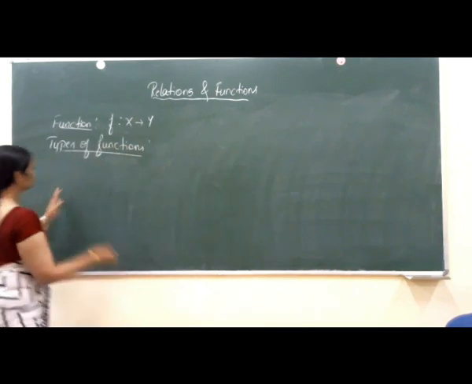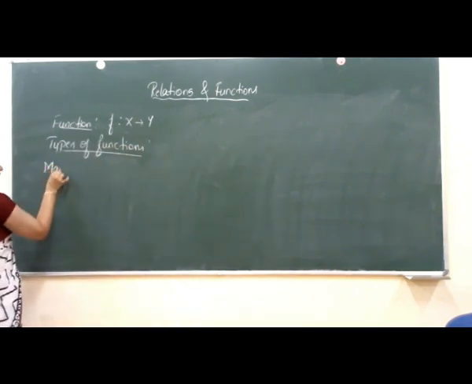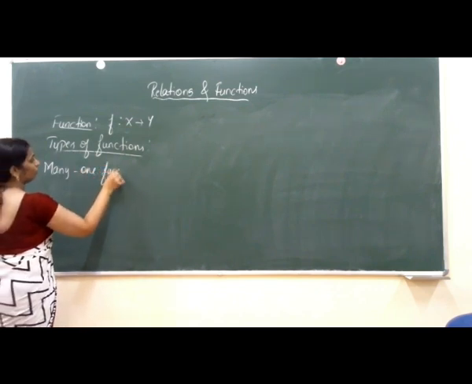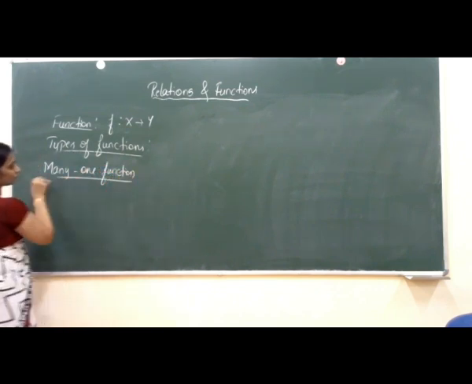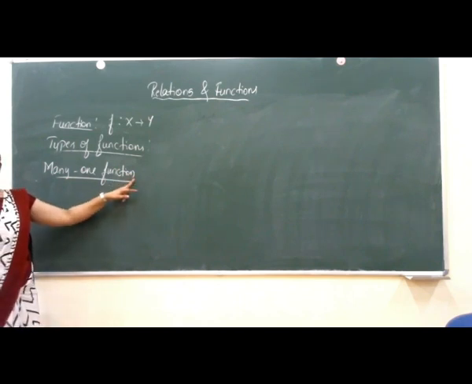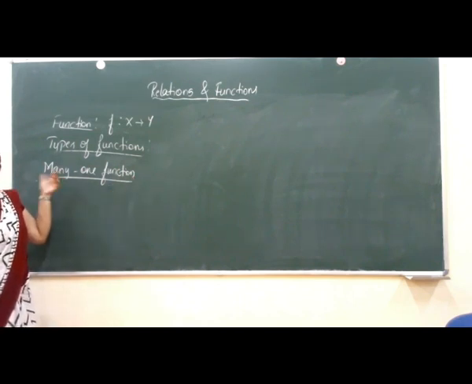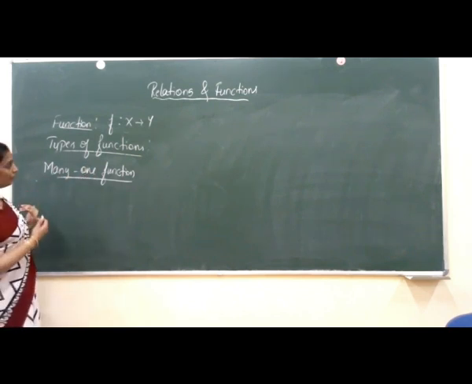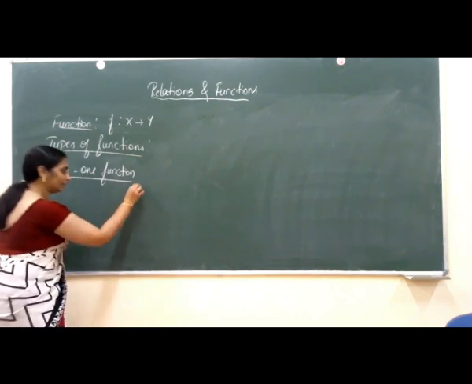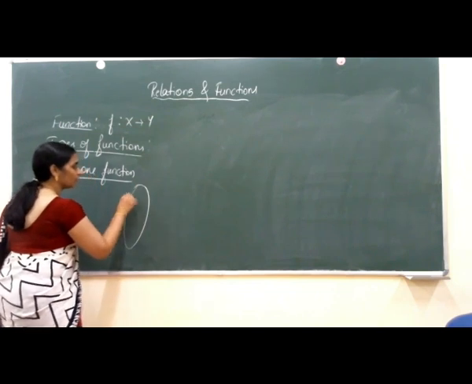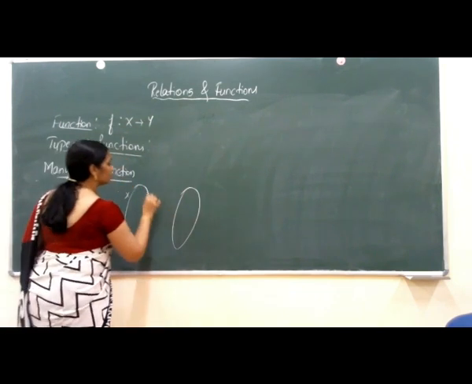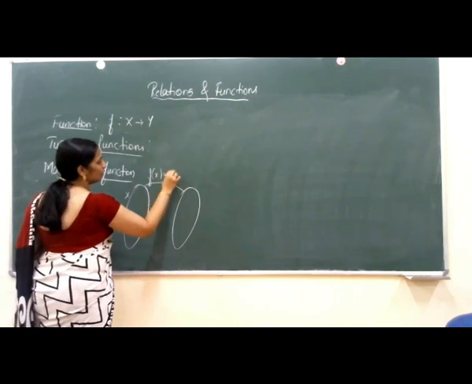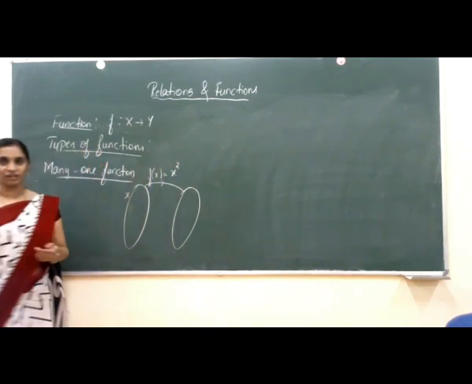Now, let us consider the next one, that is many-one function. Many-one function, the name itself says many elements have one image. To make it more clear, we can take the example of the function f of x is equal to x square.